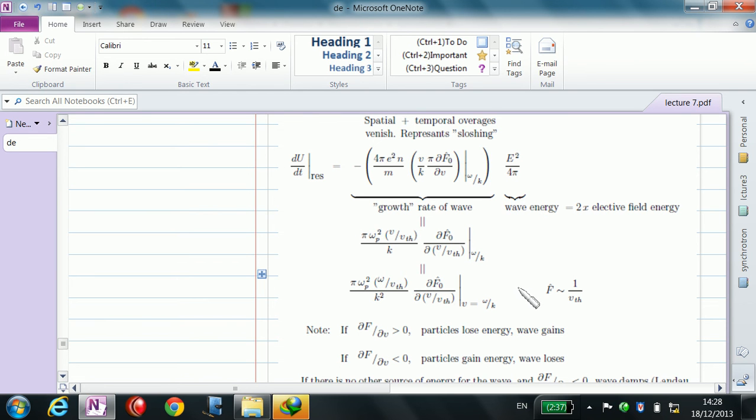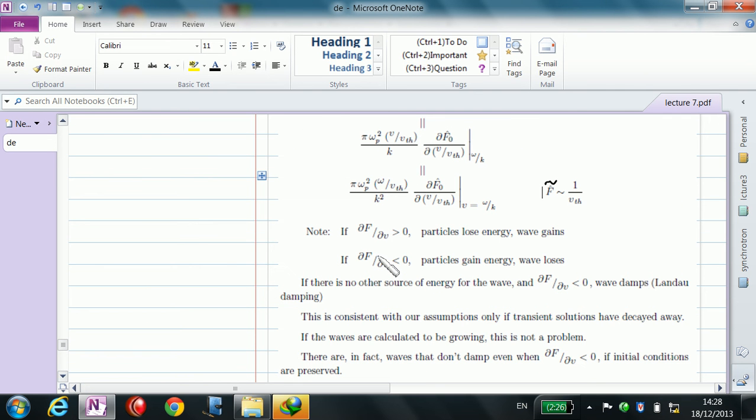No, it doesn't. Okay, the point is the dimensions of f. When I integrate f normalized over v, there's 1 over v. So f has units of 1 over v, and actually it's of order 1 over v thermal, so if I multiply this k by f, that cancels out 1 plasma frequency, and it checks. It's 1 over time.